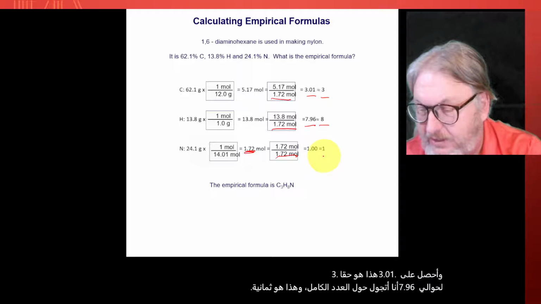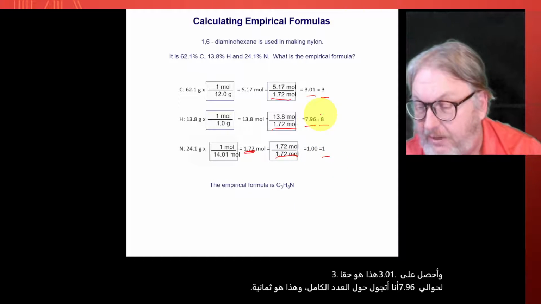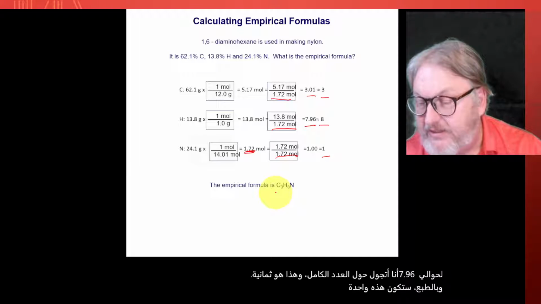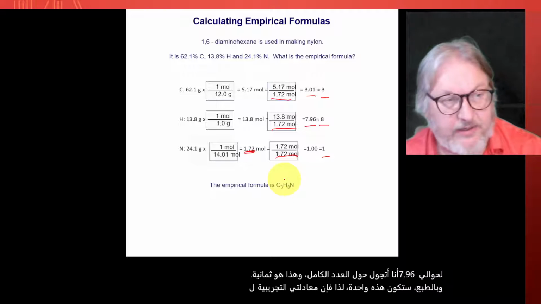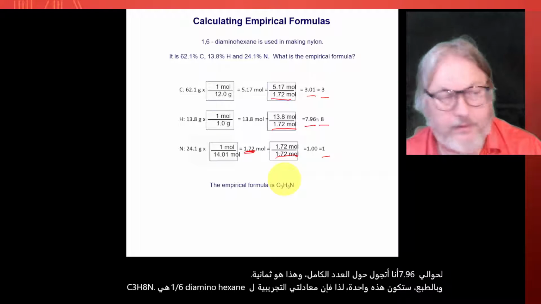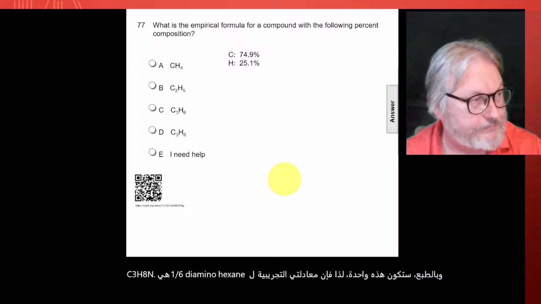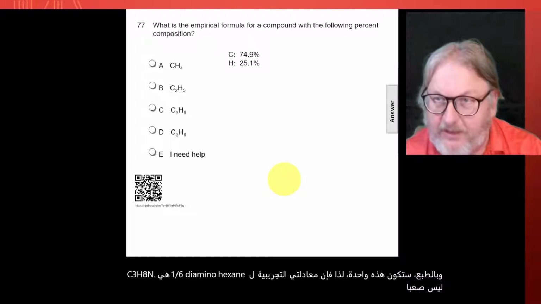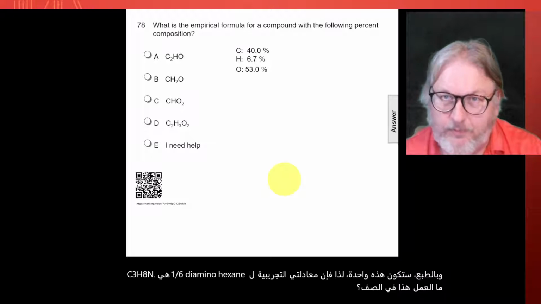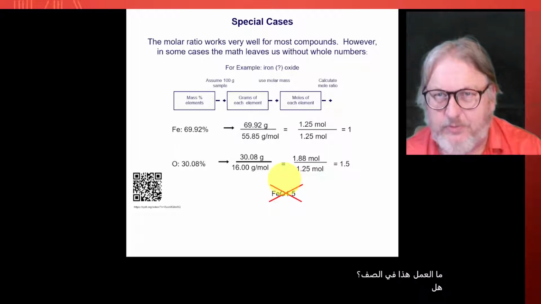And of course, that's going to be 1. So my empirical formula for 1,6-diaminohexane is C3H8N. Not hard. We'll work this in class, because these are classwork things.